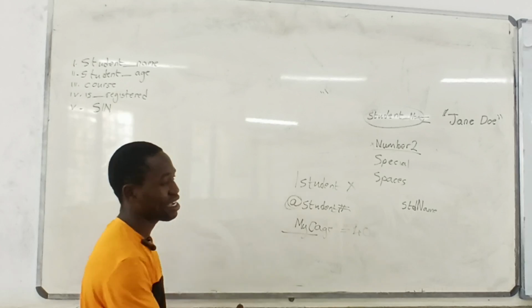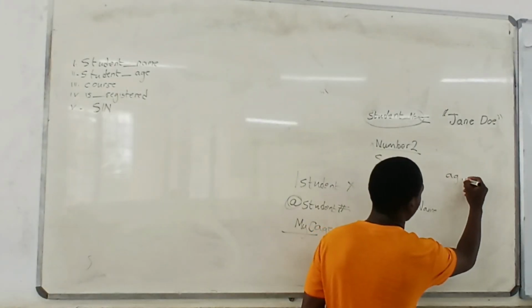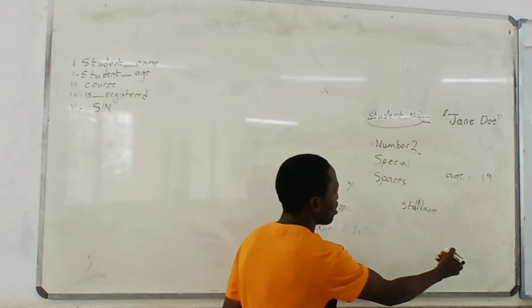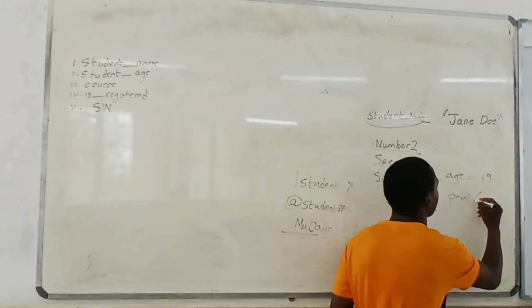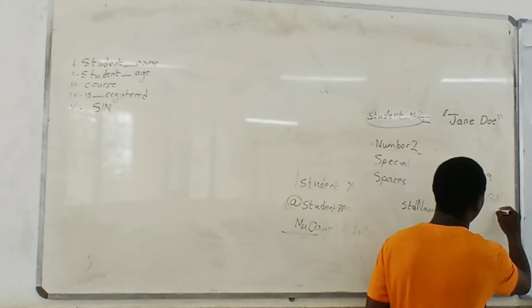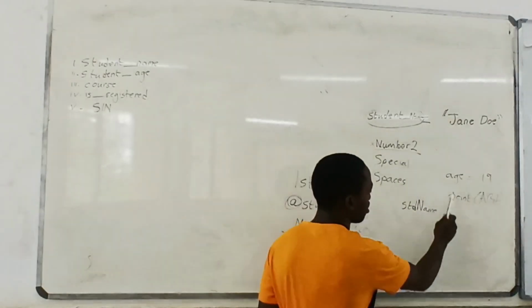As I said, they are case sensitive. So we can have age is assigned 19, but then when you come to print it, you say Age. In English these are the same words, but in Python these are two different things.